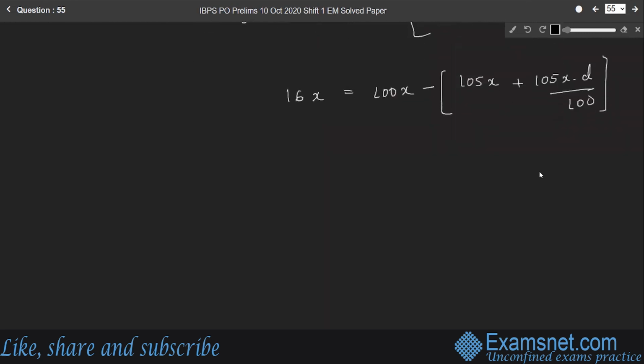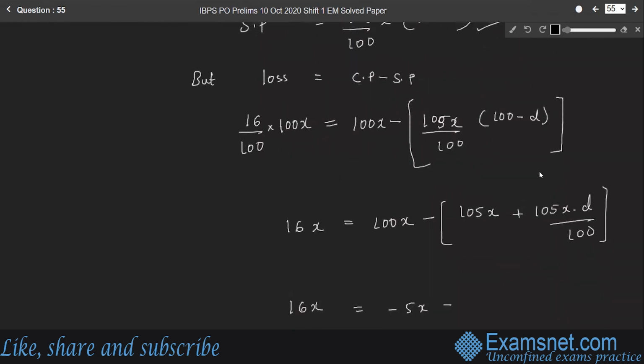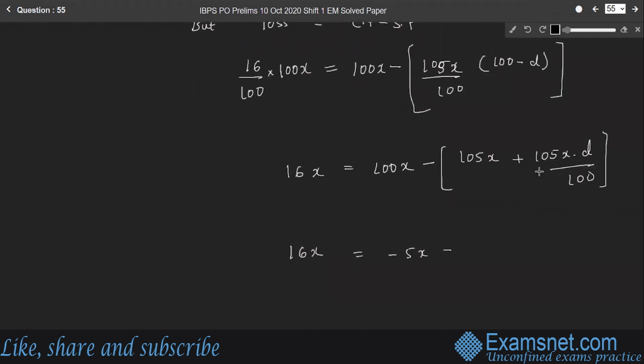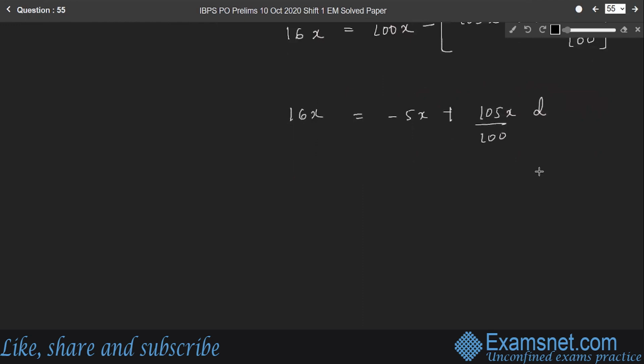So 16x is equal to minus 5x plus 105x by 100 into D. Therefore, 16 plus 5 gives 21x.